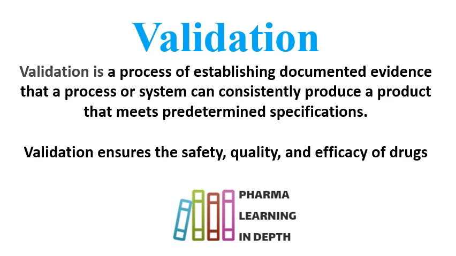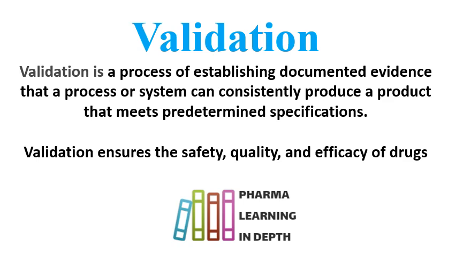For example, if you want to validate the blender speed, the validation report conclusion will be such that if I run the blender at 10 rpm, then the blender actually runs at 10 rpm, and for that the process is done to establish the documented evidence.